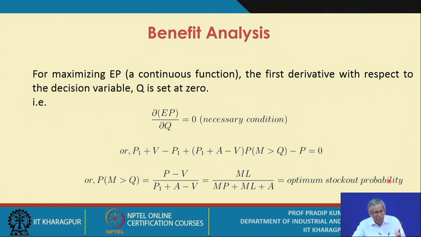Because you are maximizing, this condition is fulfilled. Maximization of expected profit. So we have derived the expression for the optimal stock out probability. Okay. So this is marginal loss divided by marginal profit plus marginal loss plus A.